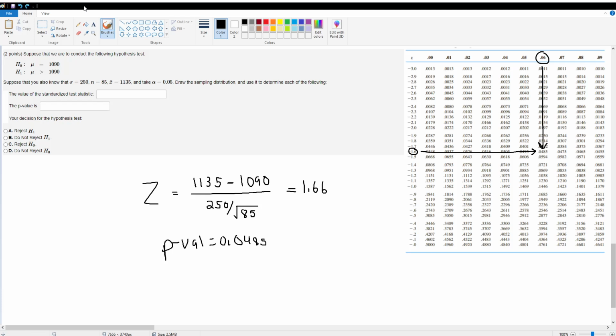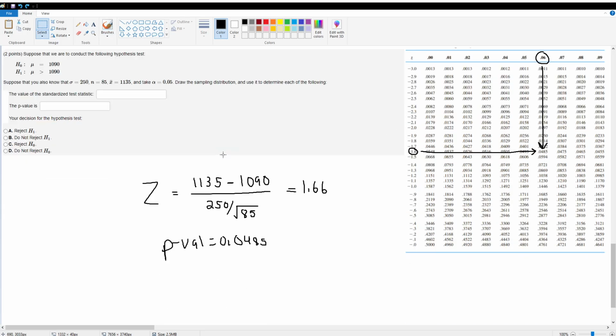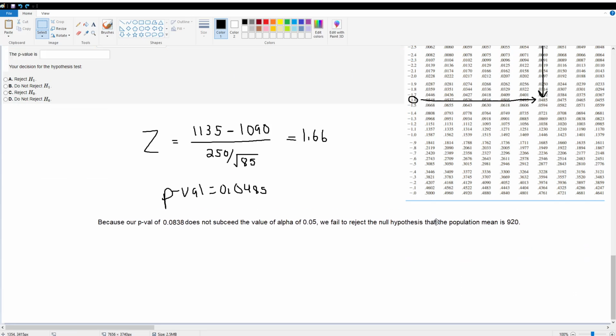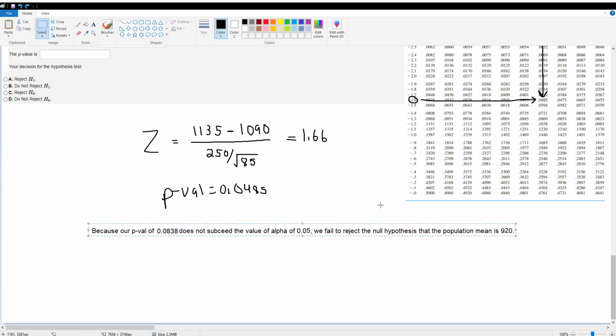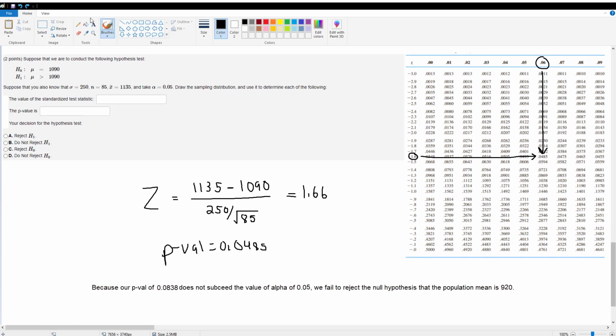to double. But now things are going to be a little bit different with regards to our conclusion. So once again, we'll take our format up here and bring it down for just a moment so you can see how the wording changes. This time around, our alpha being 0.05 is larger than our p-value. So now we're going to get a rejection.